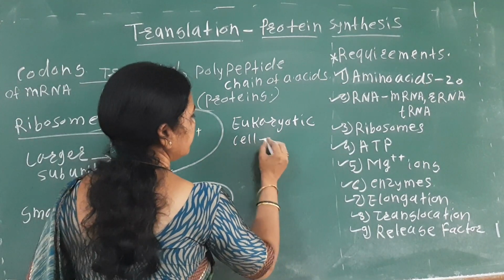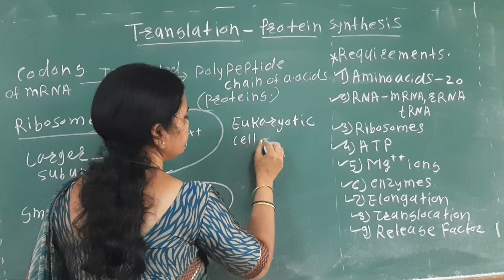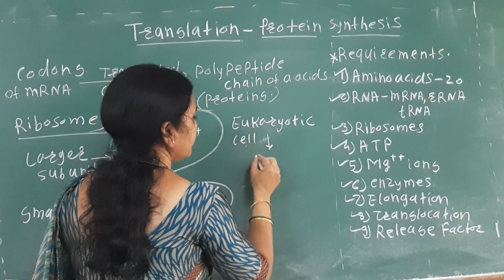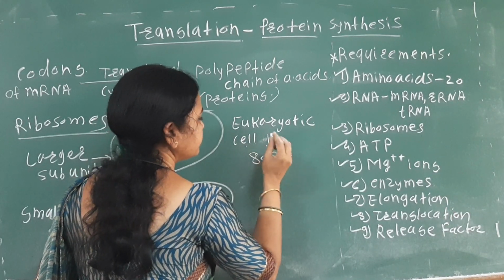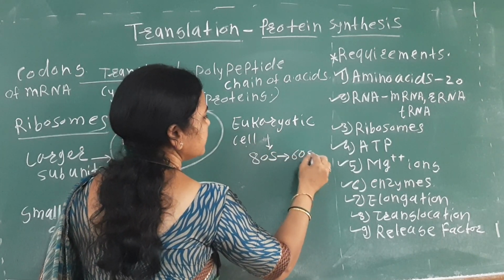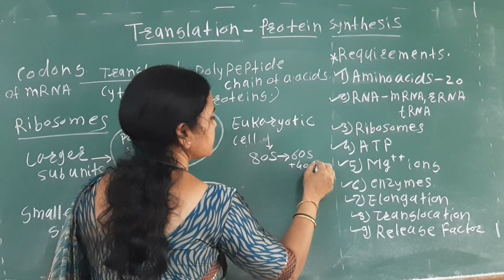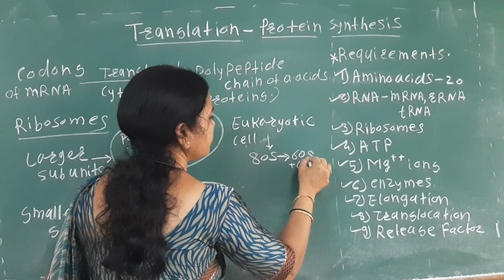So in the eukaryotic cell the ribosome is 80S, equal to 60S plus 40S, the two subunits.